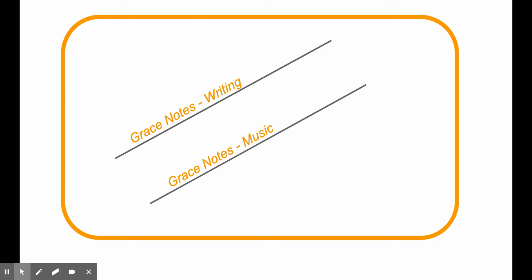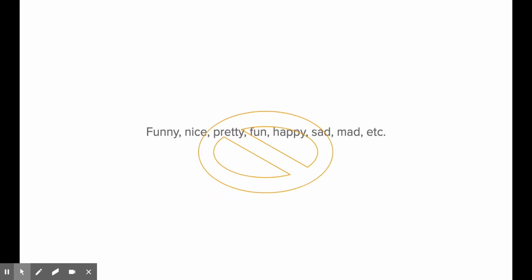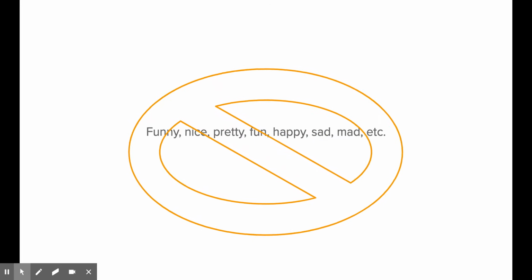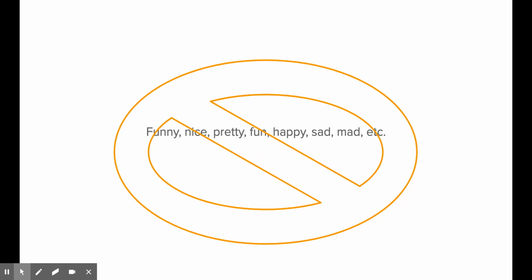So what are the parallels between grace notes in writing and grace notes in music? Let us remember that in our 8th grade writing, we definitely want to move away from those basic words that we've used in the past, like funny, nice, pretty, fun, happy, sad, and mad.